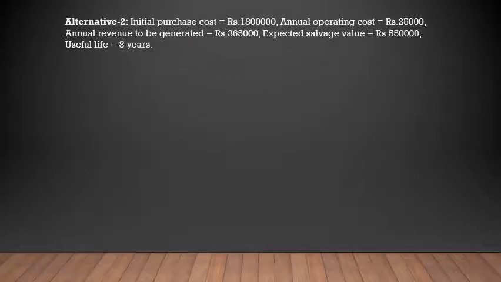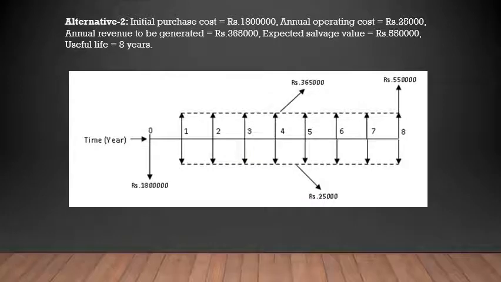Let us get into the second alternative. It has an initial purchase cost of 18 lakhs, annual operating cost of 25,000, revenue 3,65,000, salvage value 5,50,000. It's very simple, so there is no complexity in this one. So how does it look?